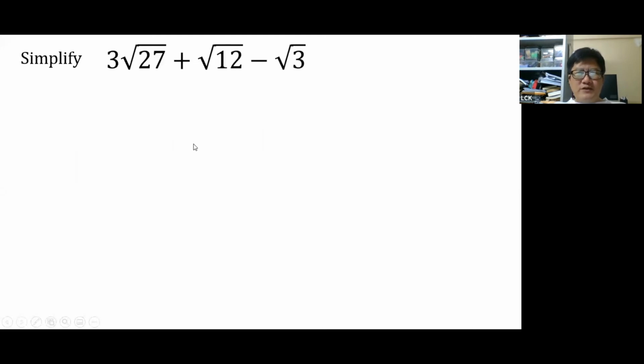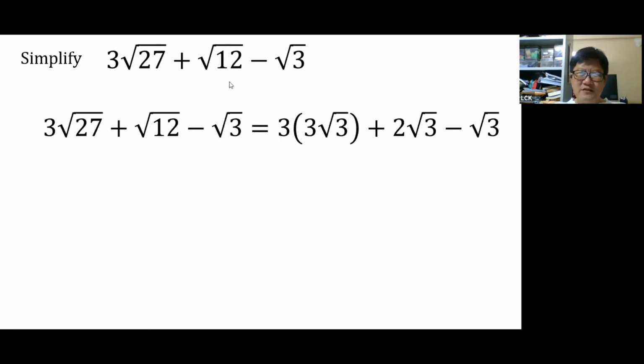Let's go on with this: 3 square root 27 plus square root 12 minus square root 3. Here again, simplify this mentally, and you'll see that 27 is simply 3 square root 3, and 12 is simply 2 square root 3. Of course, you have a remaining minus square root 3 here, which just remains.